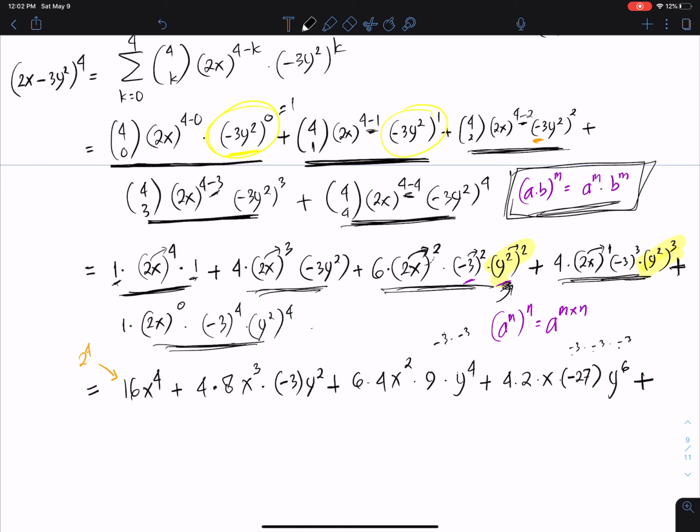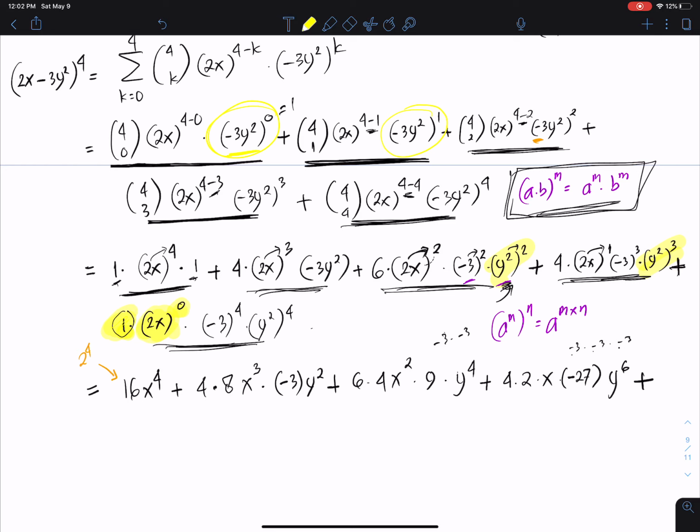So 1 here doesn't have any problem, it will still be 1, and then I will highlight. So 1 here will be kept as 1. 2x to the power of 0 will be 1 again. So I'm not going to write it down. Okay, so 1 here at the beginning, and then 1 here also, because of the power of 0.